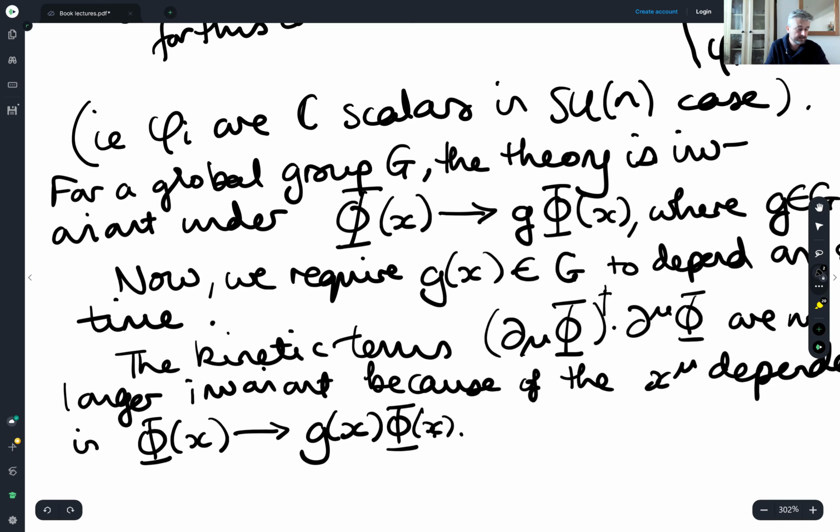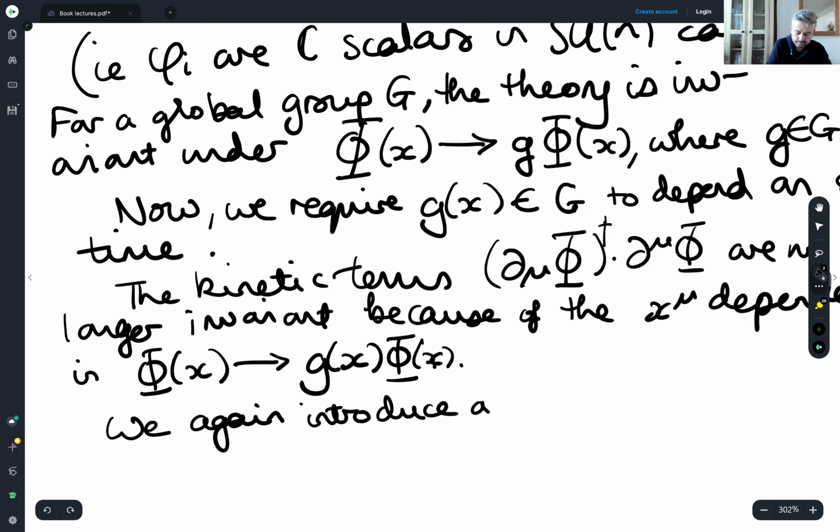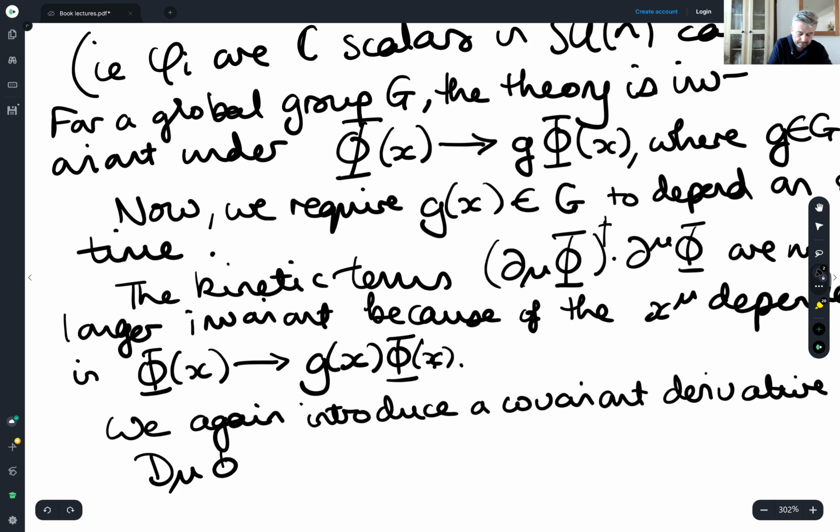So it's going to hit the x dependence in G. So now we're going to introduce a covariant derivative again. d mu phi is defined to this. This is the non-abelian covariant derivative. It's going to look quite similar to the abelian case.